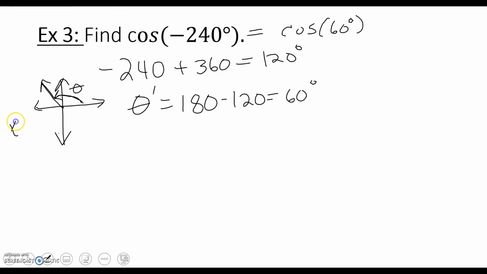So in quadrant 2, your x is negative and your y is positive. Well, cosine deals with x. It's x over r. So x is negative, r is positive. So your cosine would be negative. All right. And so the question is, what is the cosine of 60 degrees? The cosine of 60 degrees is 1/2, but it's negative 1/2 because it's in quadrant 2. So that is how you will find the cosine of negative 240 degrees.